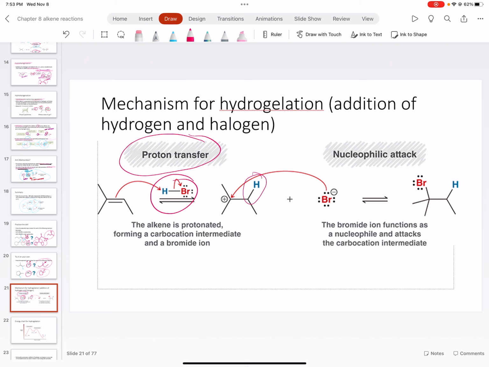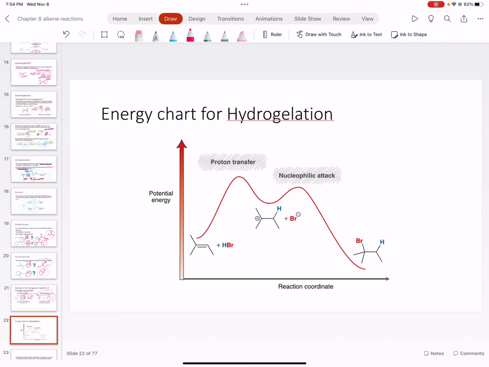Therefore, when we broke that bond, we ended up with a positive charge on the other side, and our bromine ended up attacking that other side, doing a nucleophilic attack, and that's why that bromine is positioned on the other side instead.